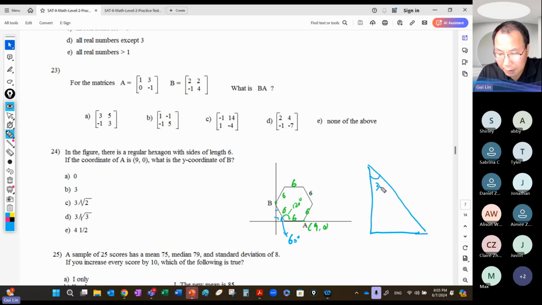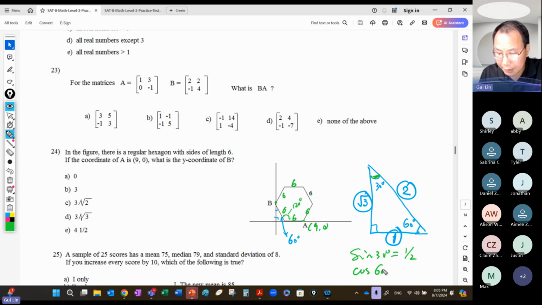So keeping this in mind, special cases. When this is 30 degrees, this is 60 degrees, here is 90 degrees. They have a special relationship between them. Here is 1, here is 2, here is square root 3. These kinds of ratios between the three sides. So you can see sine 30 degrees is half.